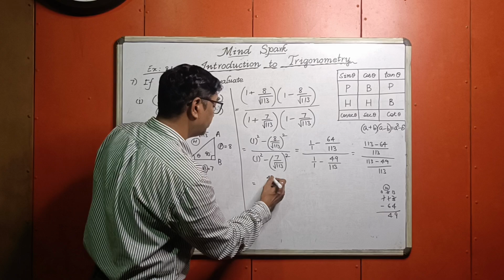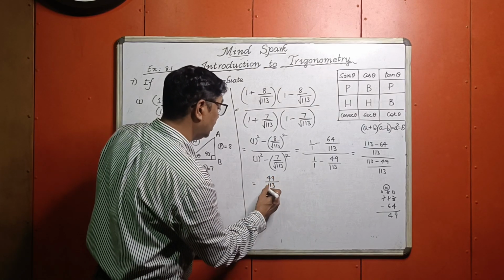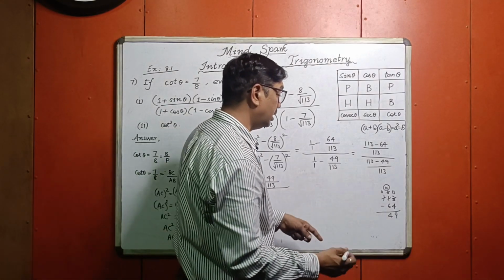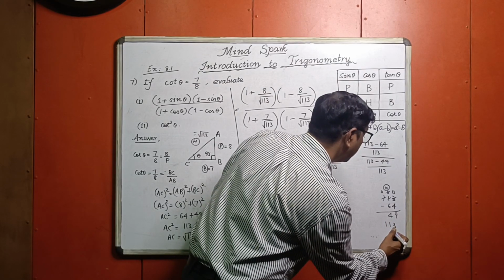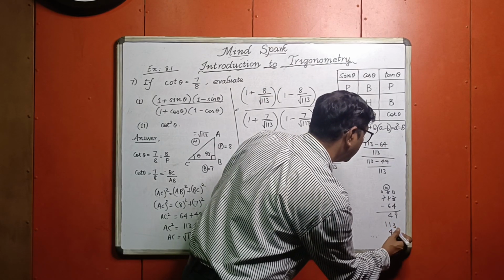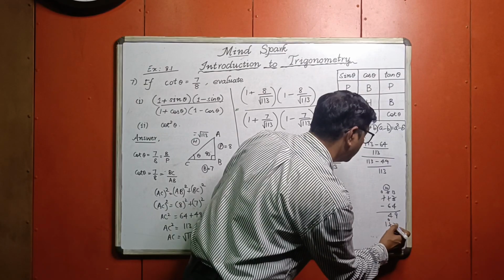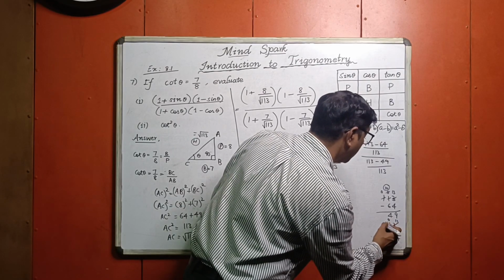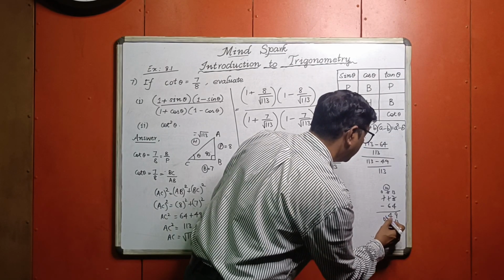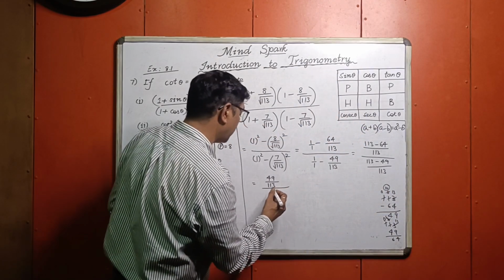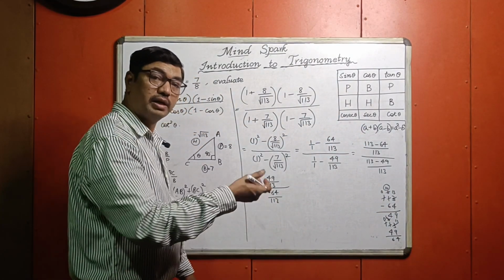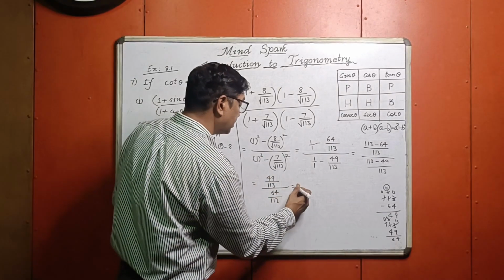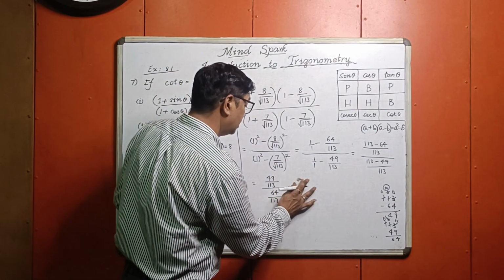So the numerator you will get is 49 by 113. Divided by this, you will get 113 minus 49, which is 64 by 113. You can take the reciprocal of the denominator.